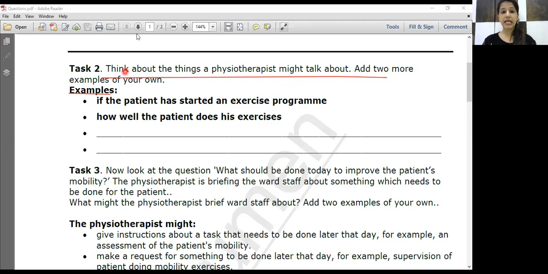Yes, they might talk about mobility. Can you think further about mobility? What sort of discussion can happen about mobility?